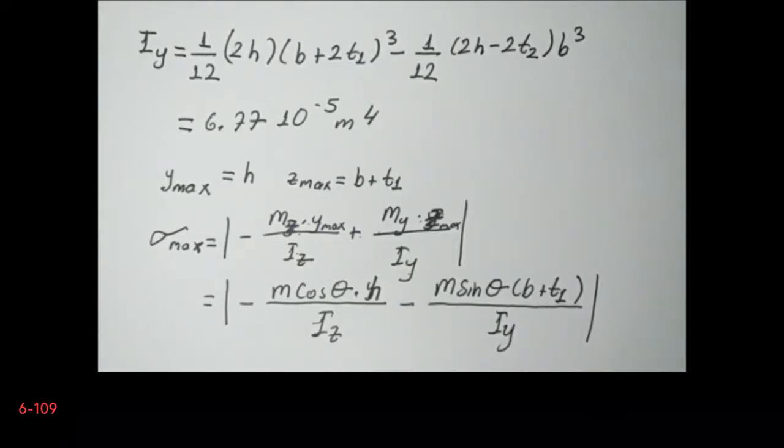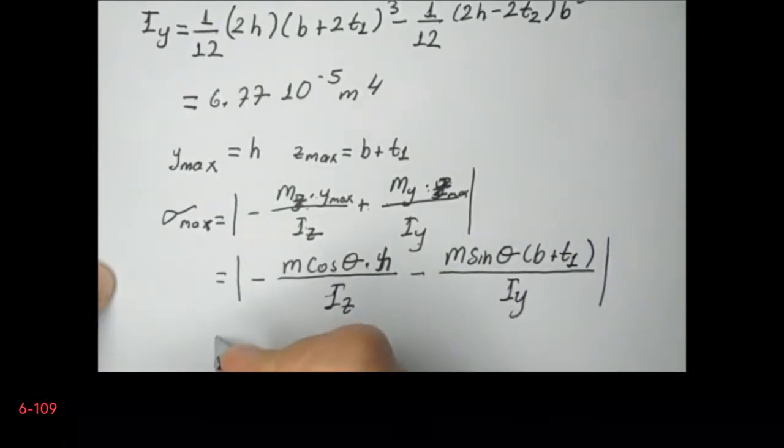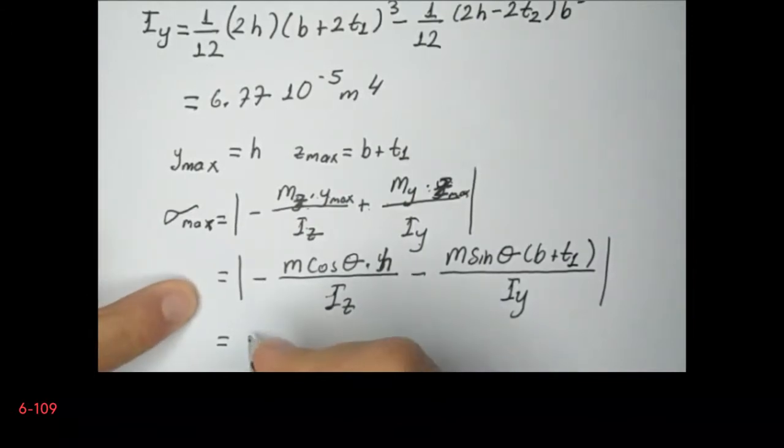So M is given as 4 kilonewton meters. So let's put the values into their places. I will omit the negative sign because I have the absolute value. So this is 4 10 to the power 3 cosine 45 multiplied by h.